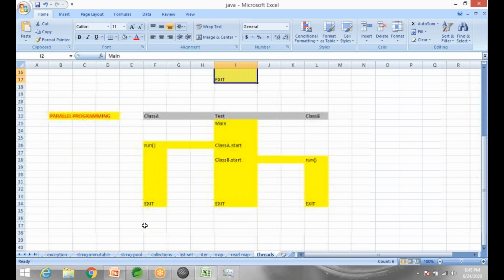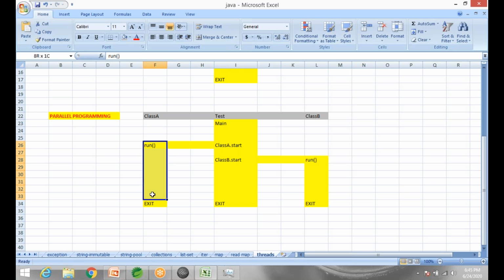In parallel programming, is it a single path of execution? No. Every program has its own entry and exit point. For the test program, the entry point is the main method, and you exit when the main method is over.